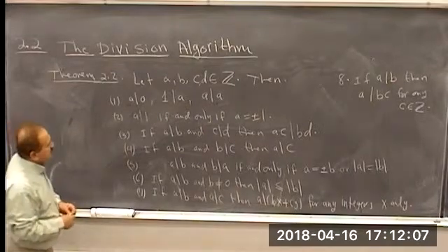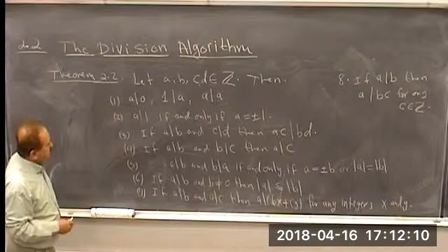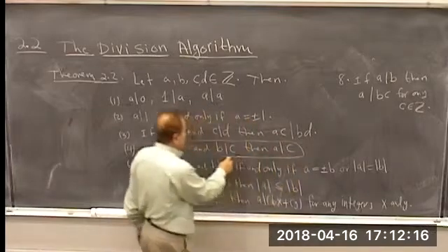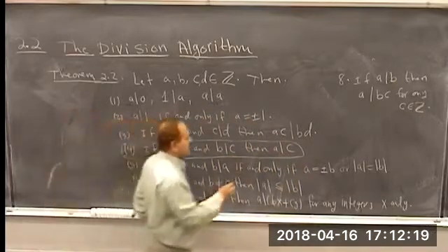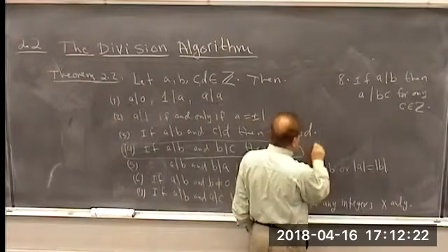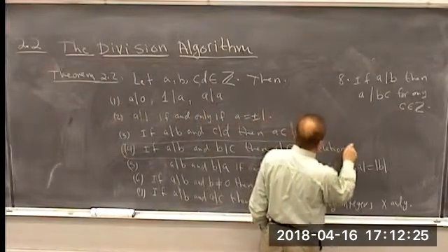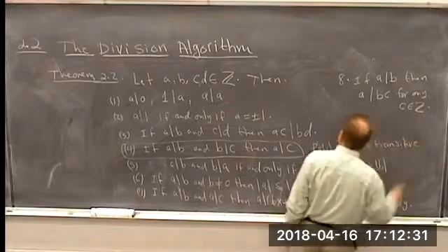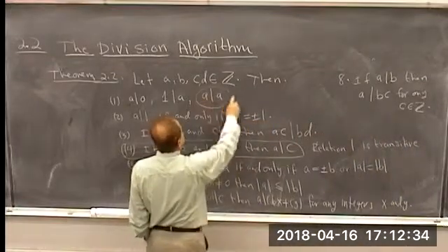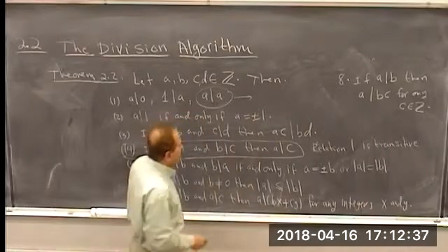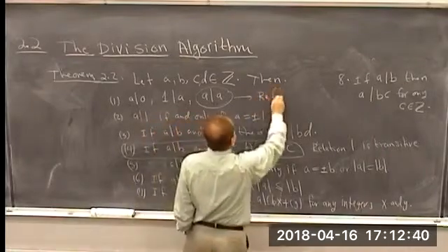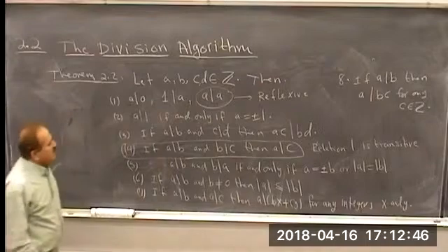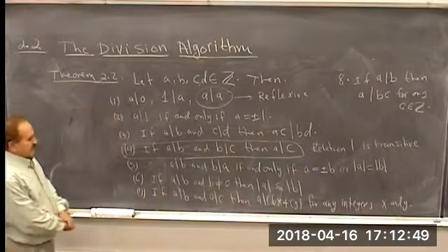Some of these properties have names. For example, this property we call, this relation divides is called transitive. All right, relation divide is transitive. This A divides itself, we call this reflexive. This relation is reflexive. And divides, it's not a symmetric relation, okay?